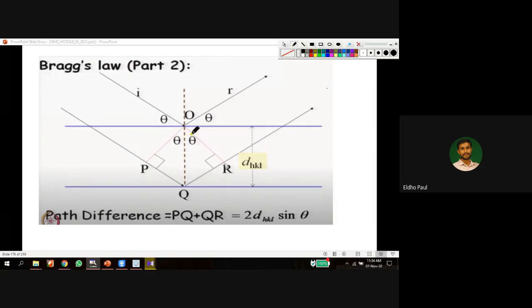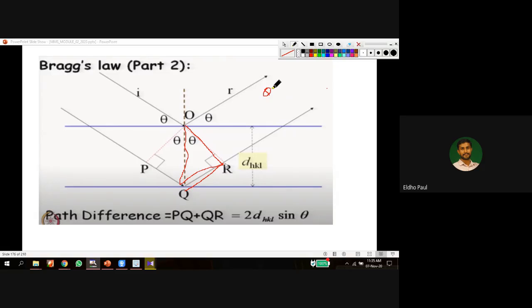So by applying the Pythagoras theorem for this triangle, what is sin theta? Sin theta is equal to QR by d.